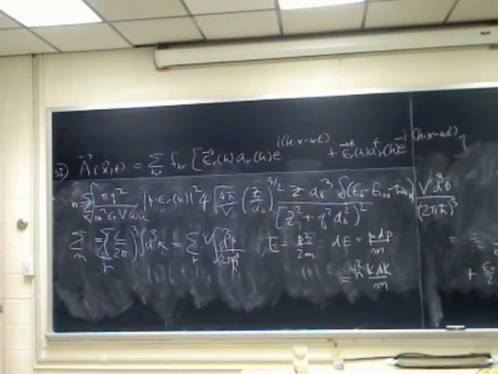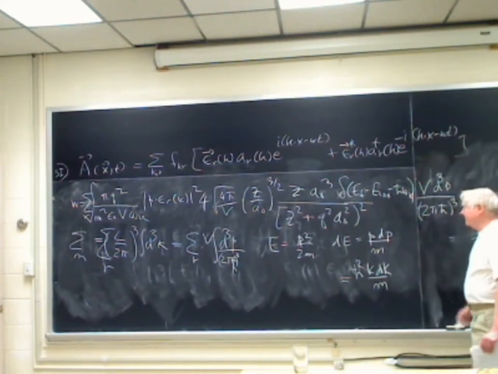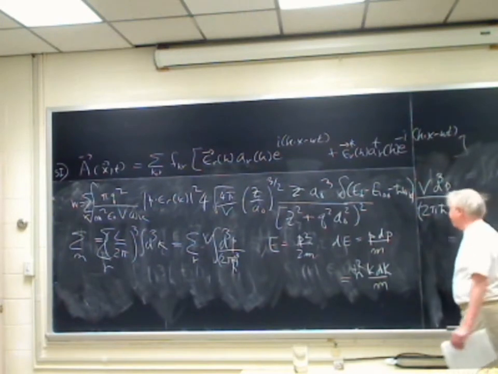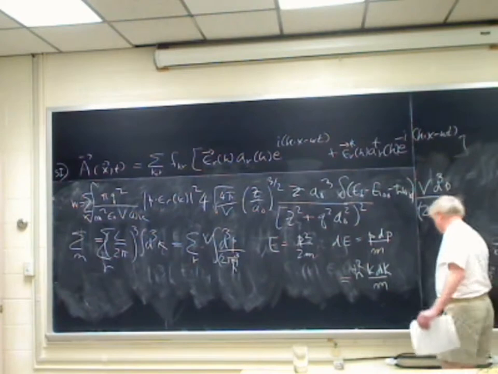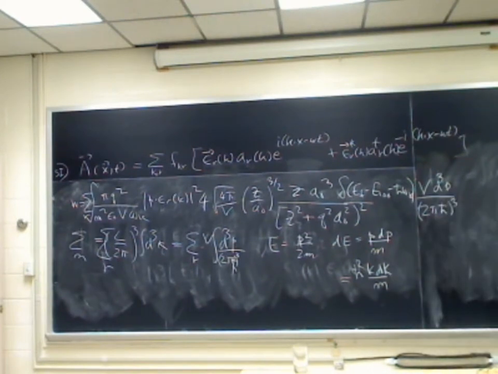And now that we've translated it back into k, well, the trouble is I wanted to keep k as the momentum of the initial photon. So maybe I should stay in these with this term and not use that, because that k is going to get us confused.